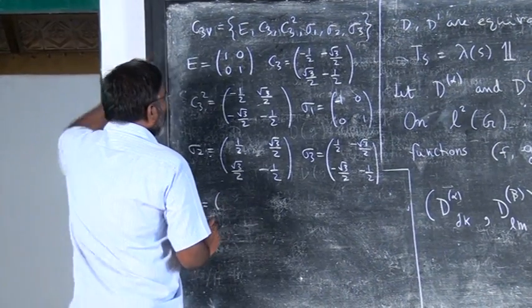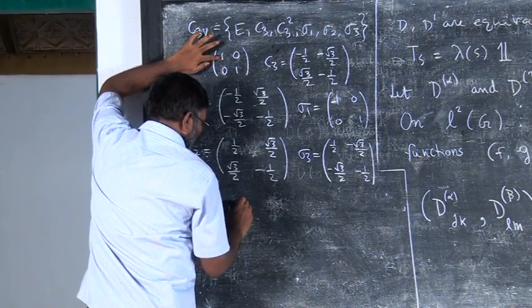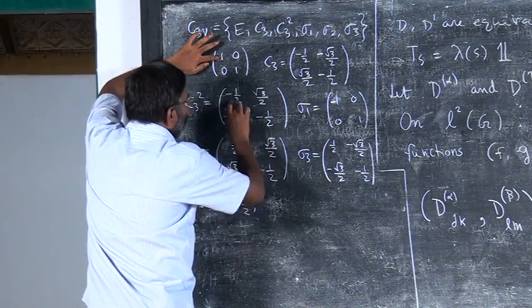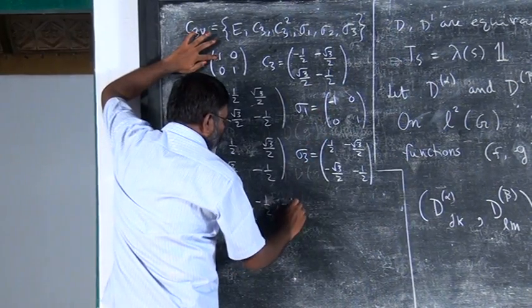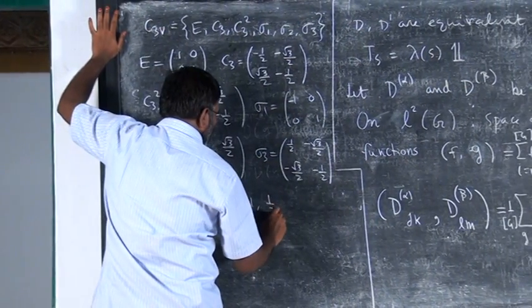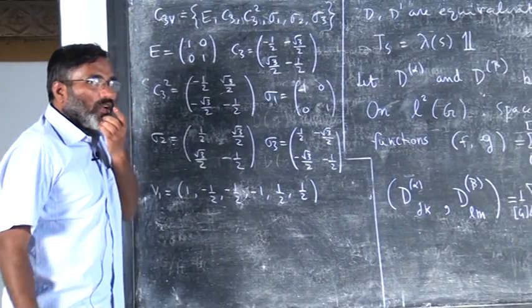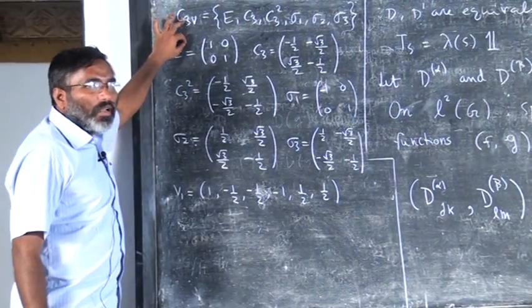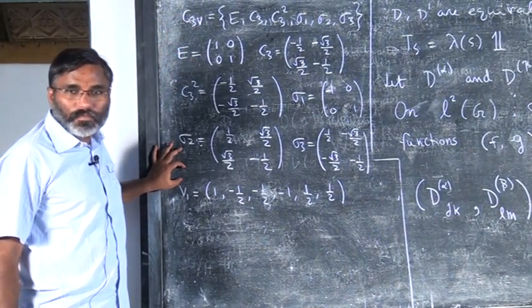What are its elements? The 1 1 element of each of the six matrices. With the 1 1 element of every representation matrix, I am forming a vector.